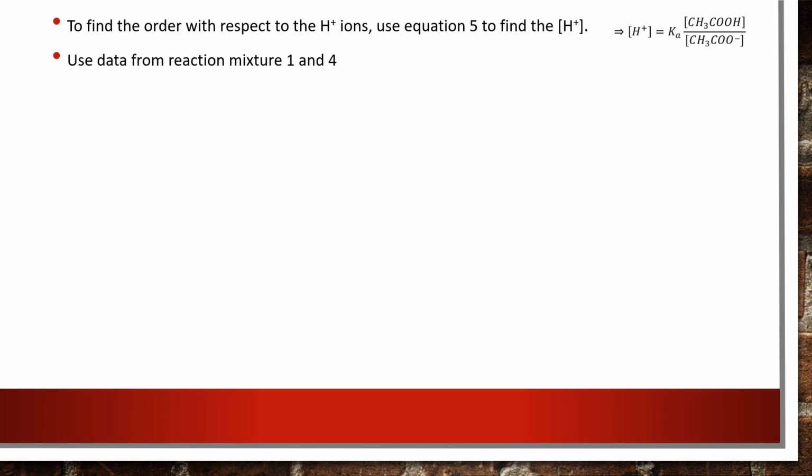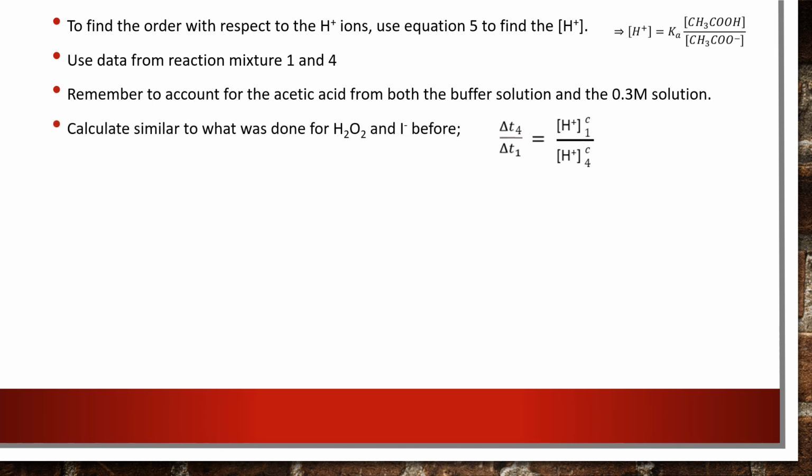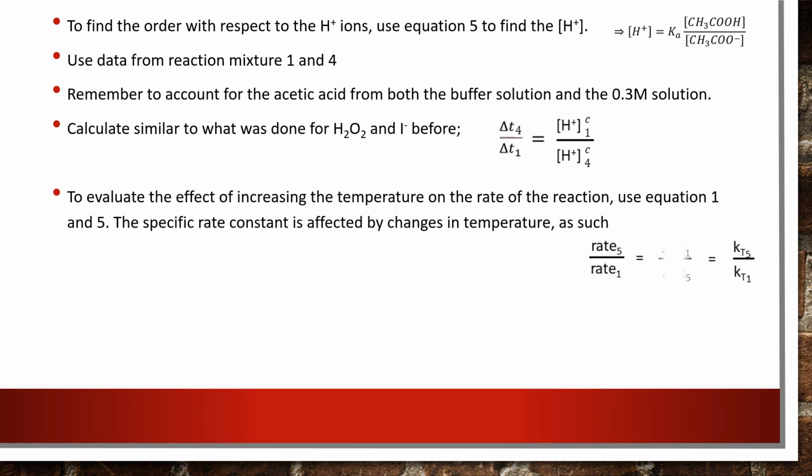Use data also from reaction mixtures 1 and 4, and remember to account for the acetic acid from both the buffer solution and the 0.3 molar solution. Calculate similar to what was done for hydrogen peroxide and iodide ions before. To evaluate the effect of the increase in temperature on the rate of the reaction, use equation 1 and 5.